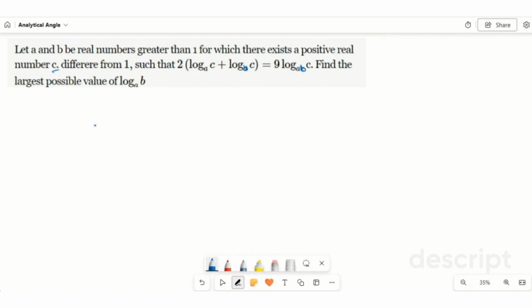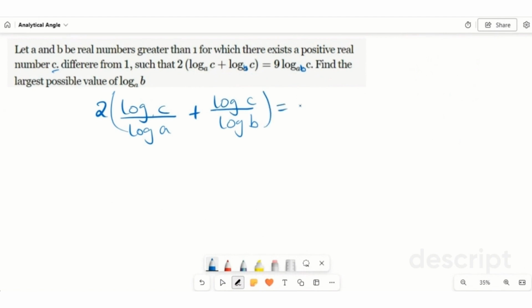2 into (log C by log A plus log C by log B) is equal to 9 log C by log AB. That is the question, right?